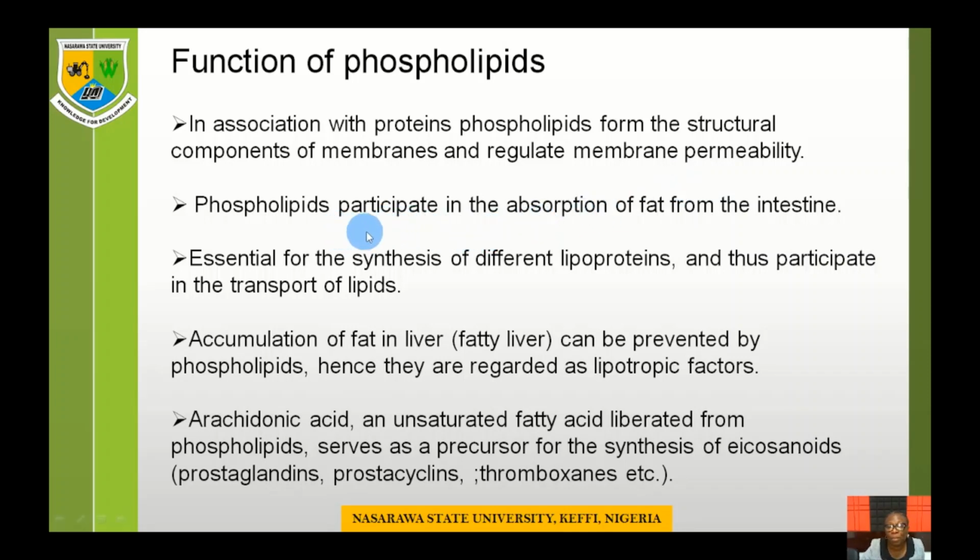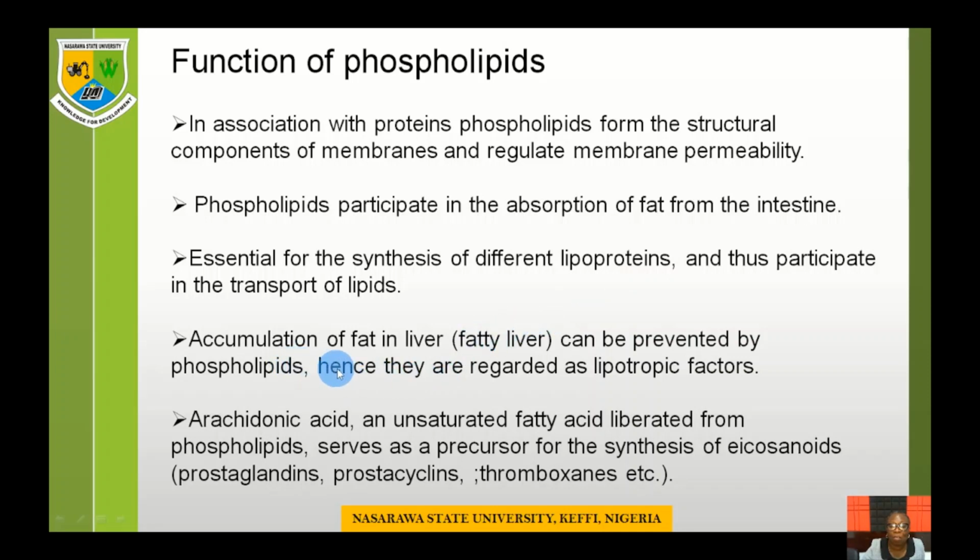Then phospholipids also participate in the absorption of fat from the intestine. They are also essential for the synthesis of different lipoproteins, and thus participate in the transport of lipids. The lipoproteins transport lipids around the body.